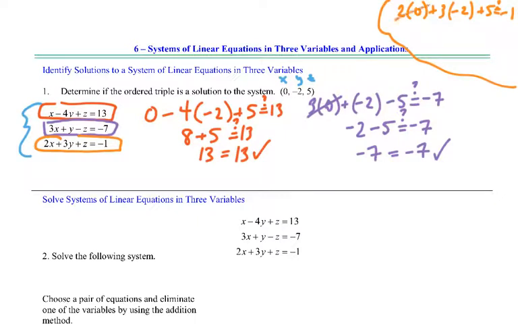Well, 2 times 0 is 0, 3 times -2 is -6, plus 5, does that equal -1? -1 equals -1. Yes, it is a solution to that one as well. So therefore, 0, -2, 5, this ordered triple is a solution to the system.